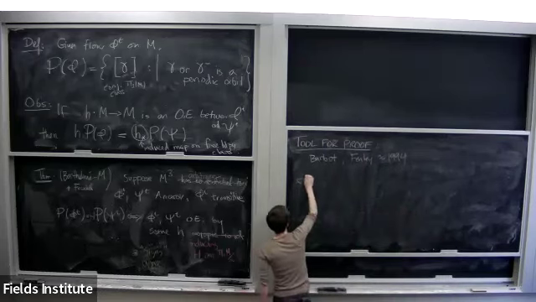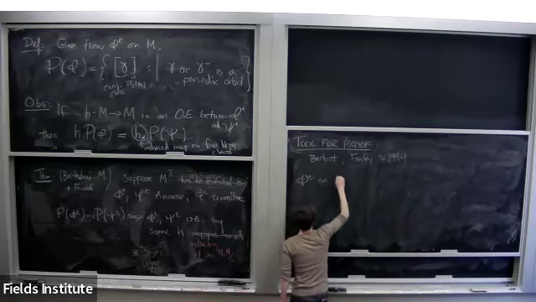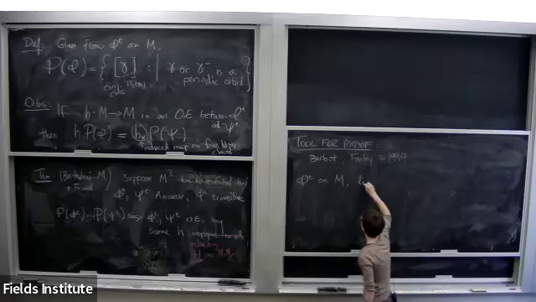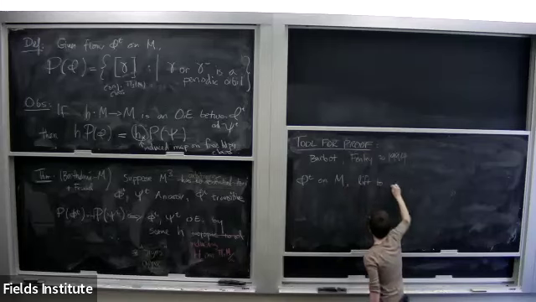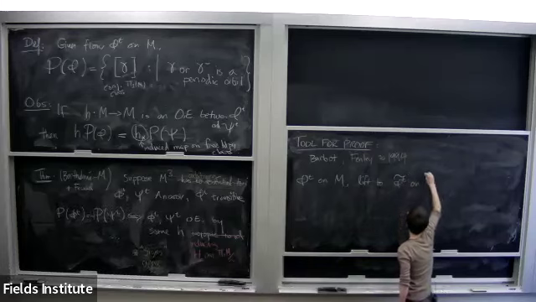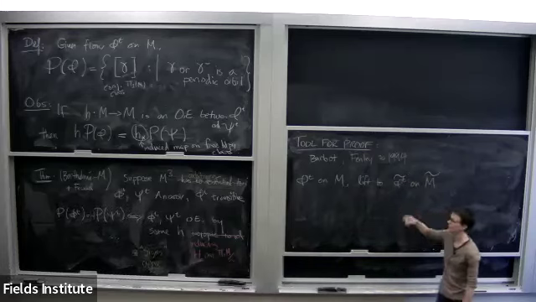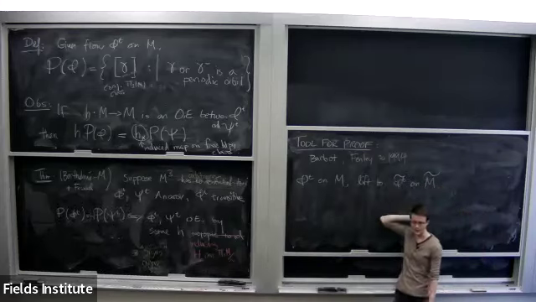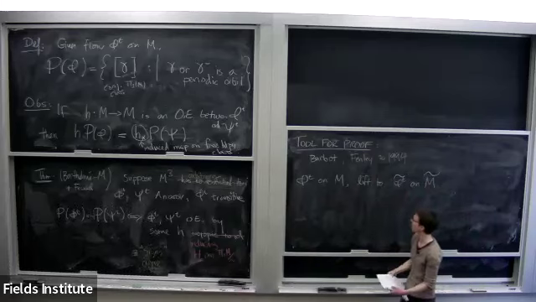Here's the setup. I have my flow on a manifold. You can start setting this up for any flow on any manifold. I can lift it to a flow on the universal cover. I just lift the generating vector field. It's still Anosov. My invariant distributions here lift to an invariant distribution here. Everything's great if I started with something Anosov.